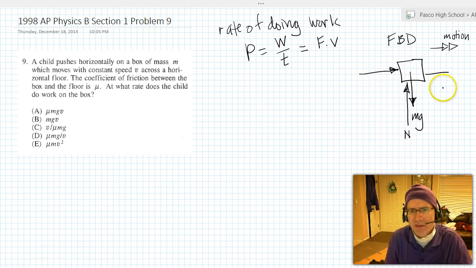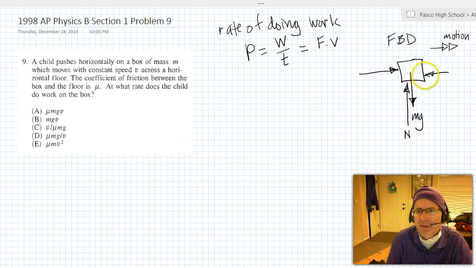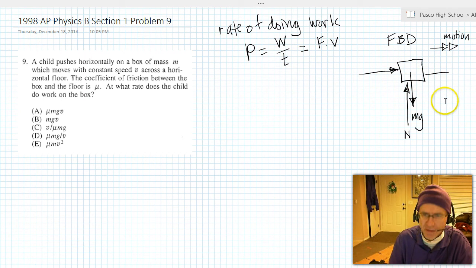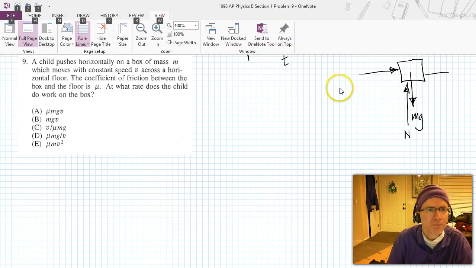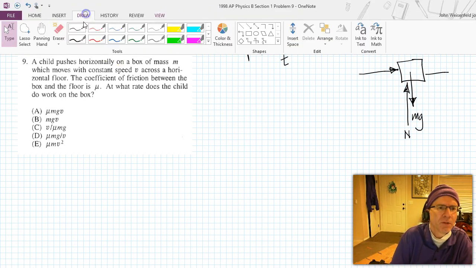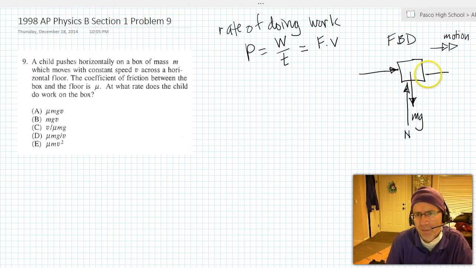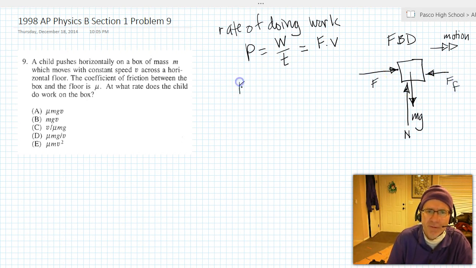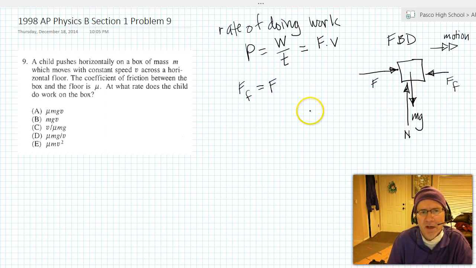So if I've got a force of friction here, force of friction, force this way. Force of friction equals the force that I'm pushing on it because we're moving at a constant speed.